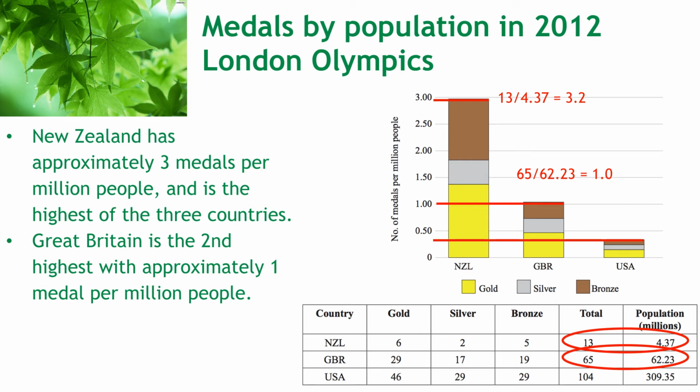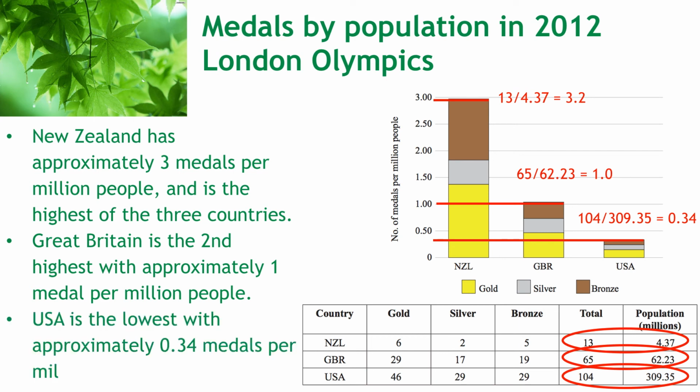Now lastly, I'm going to go to the US, and that's under half. If I take the numbers exactly, that's 104 medals divided by 309 million. It's a value of 0.34. So I'm going to write a sentence. USA is the lowest with approximately 0.34 medals per million people.